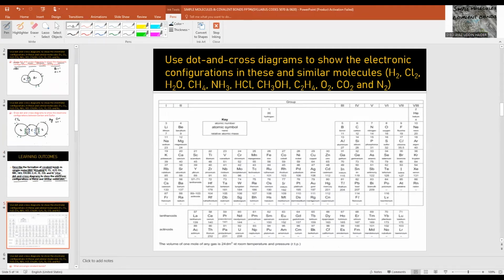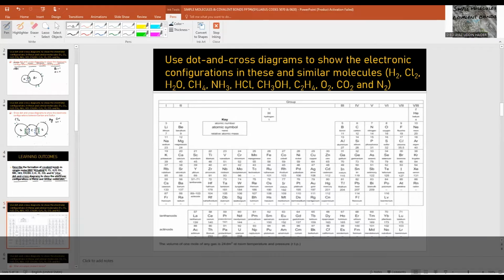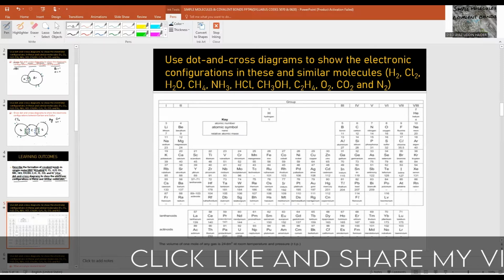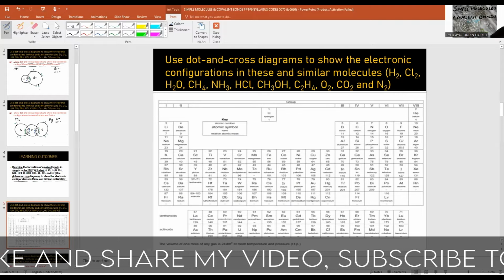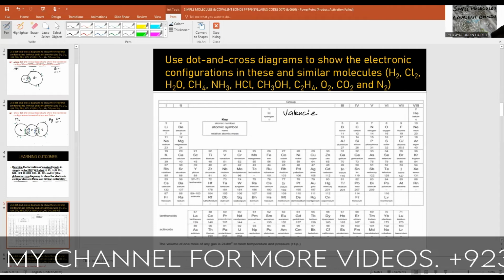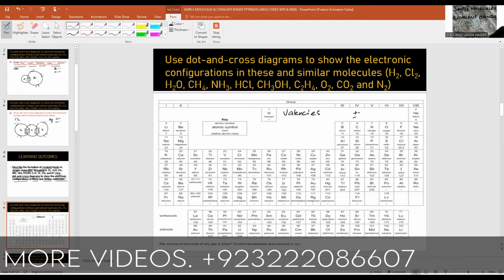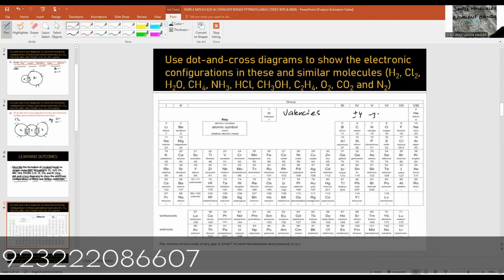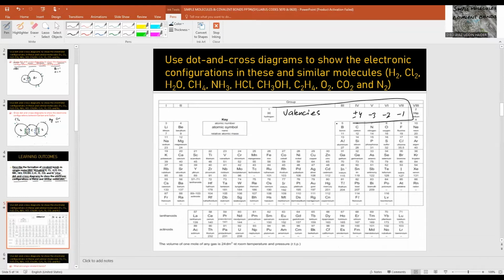For your convenience, here's the periodic table so that you can recall the valencies of non-metals also. I'm writing the valencies from group 4 to group 7. Group 4 plus or minus 4, group 5 minus 3, group 6 minus 2, group 7 minus 1. These are the valencies.